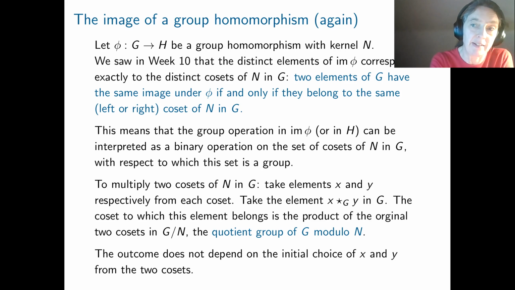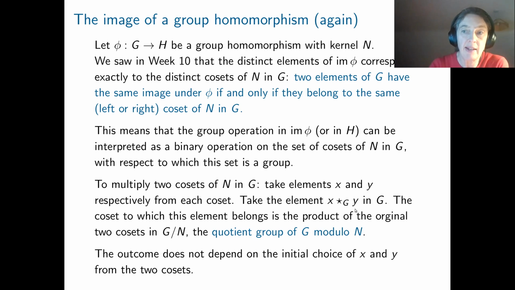And because what we're dealing with is a group homomorphism, what this is saying is, if we take two cosets of N in G, take an element X of one of them and an element Y of the other one, look at their images under phi over in H and compose them in H, we get to the same point as we would if we multiplied X and Y together in G using the group operation, taking the element X composed with Y in G, and then applying phi to that.